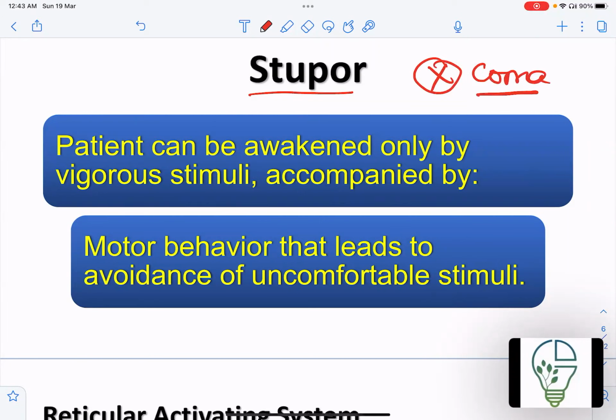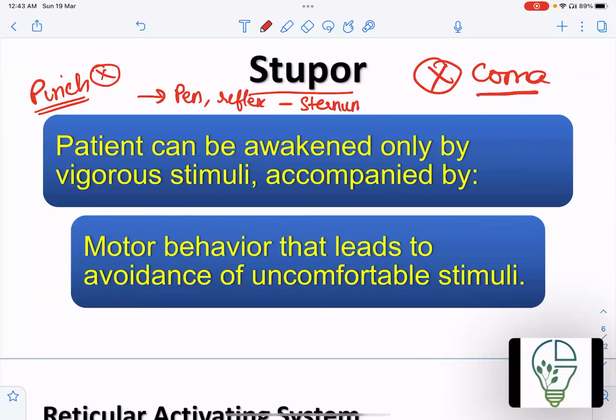Right now, currently it's illegal to pinch any patient, so don't do it, please. But the idea is you inflict pain. So right now, the correct method is actually to take a blunt object like a pen, or the back of a reflex hammer, and you press on the sternum or the eyelid bone, basically the orbital bone.